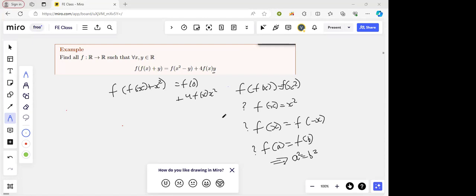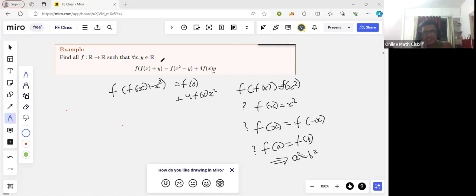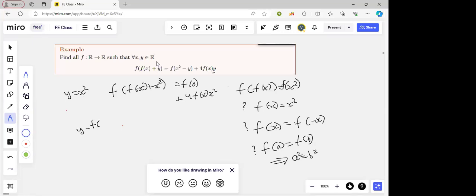I think we can put y equals minus f of x. Okay, that is also a nice idea. We get something similar to y equal to minus x squared.